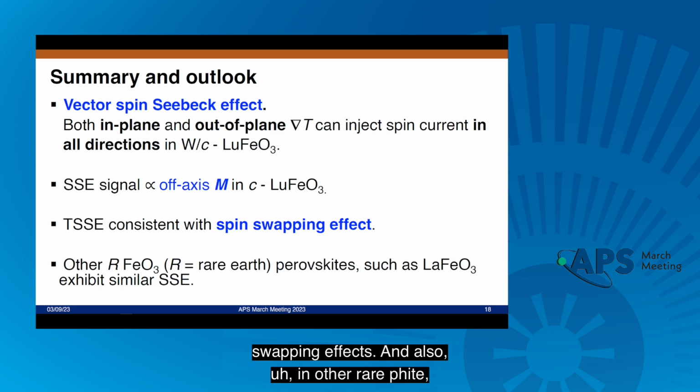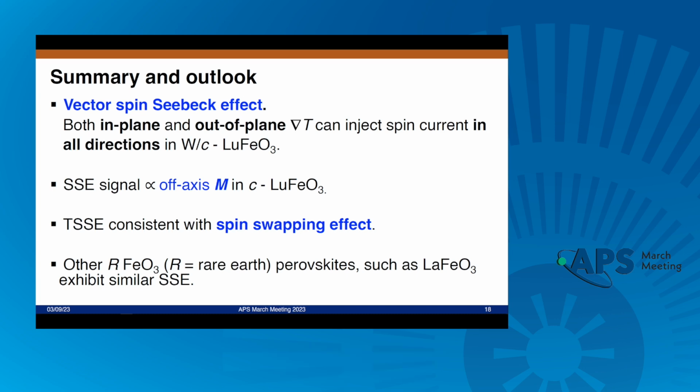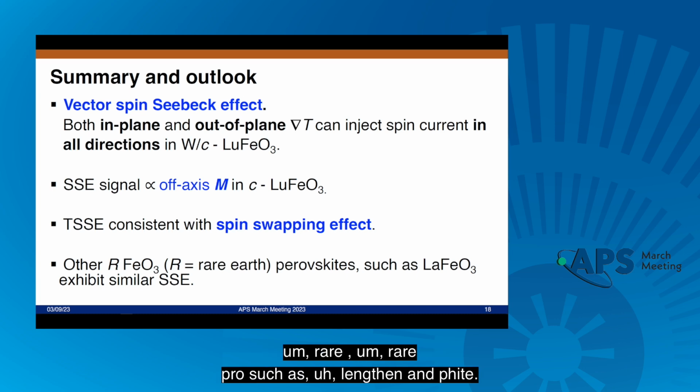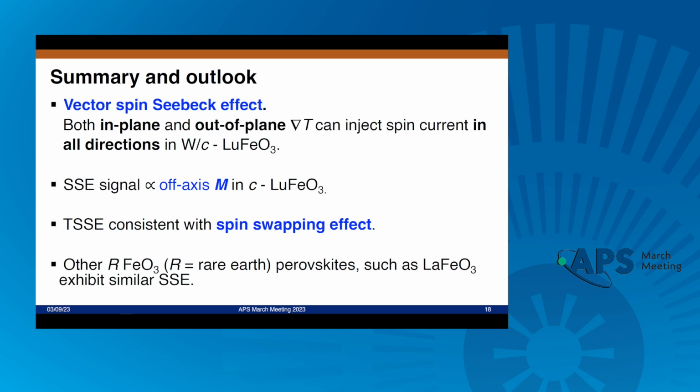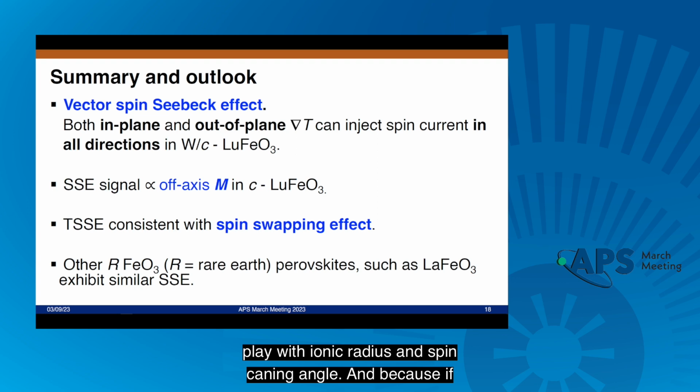Also, in other rare earth perovskites, such as lanthanum ferrite, where lanthanum is on the other side of the periodic table of the rare earth elements, we tested that and observed a very similar spin Seebeck effect as well. A very interesting experiment that we might do in the future is to play with ionic radius and spin canting angle.